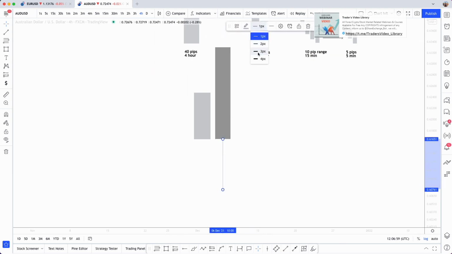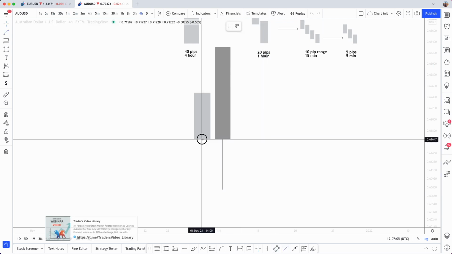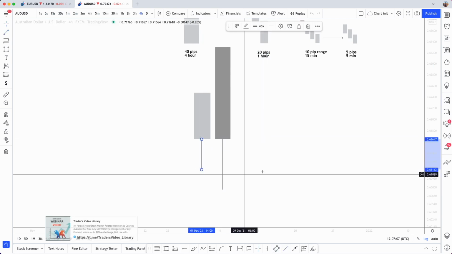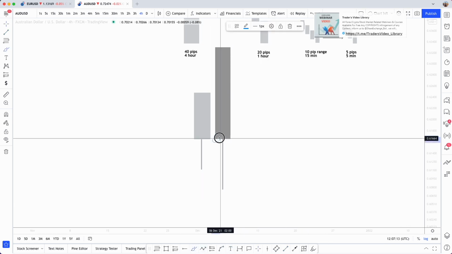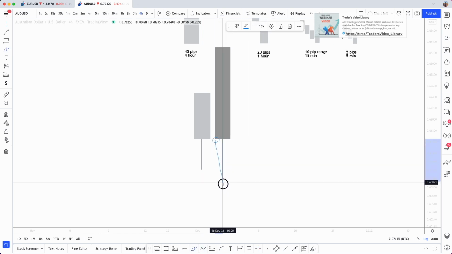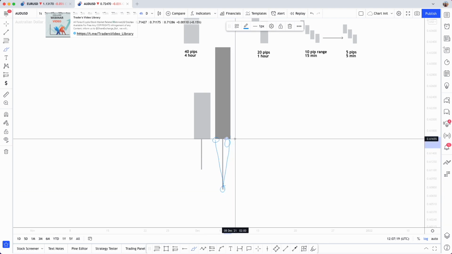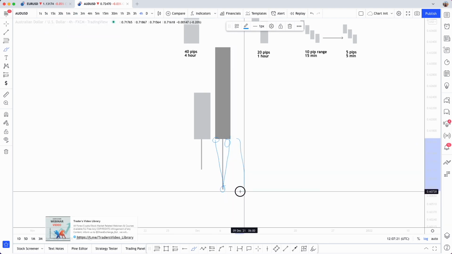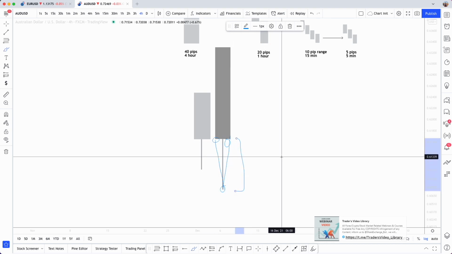So let's make that a bit thicker. There you go. So as we know, when you get a big wick, what's actually happening? When price opens, the sellers are getting exhausted and the buyers take over with high momentum. This wick on its own is an OB.